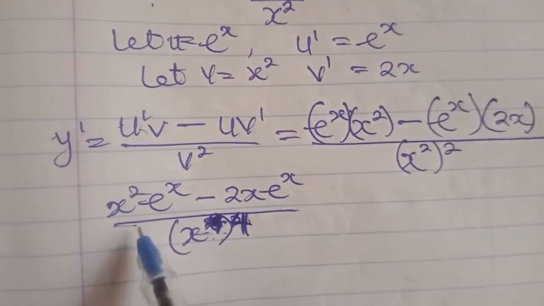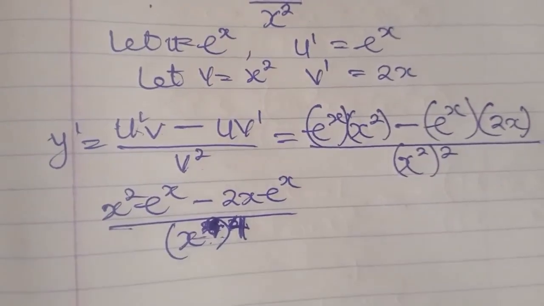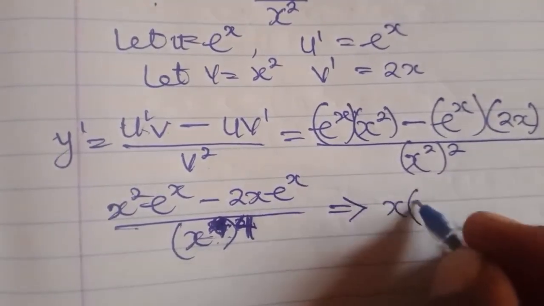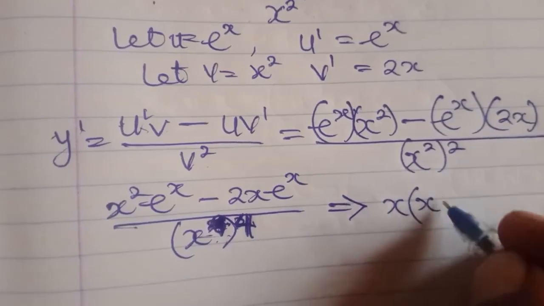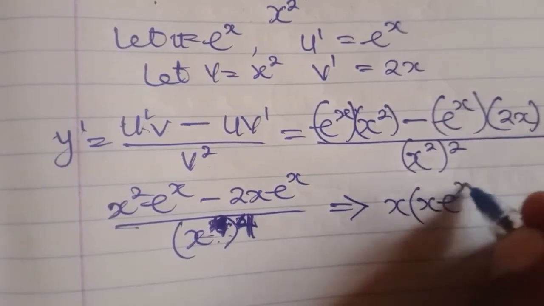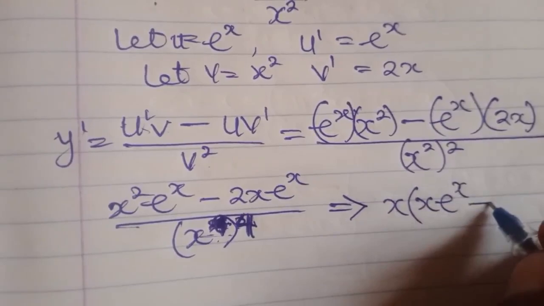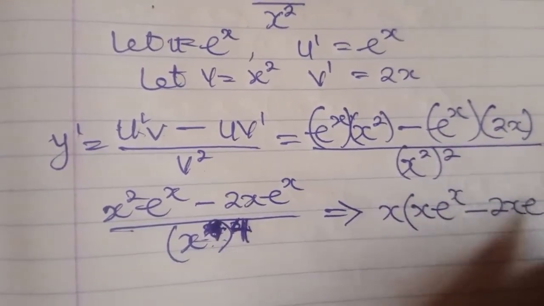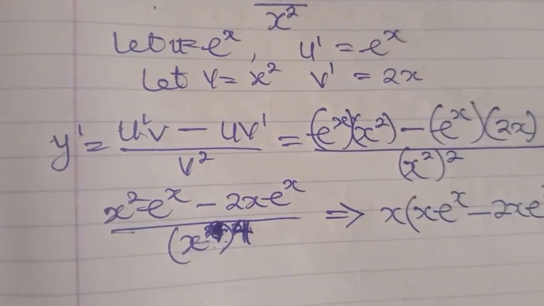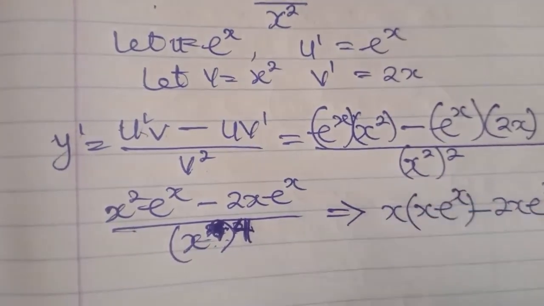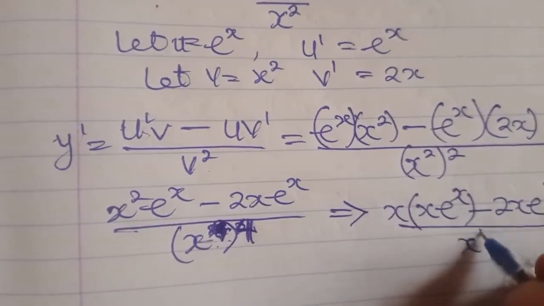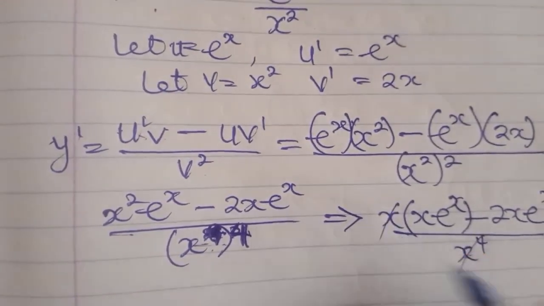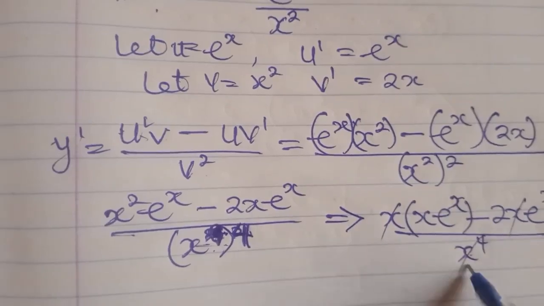We can factor x out here so that we have x into x, which is x squared, then e^x, then minus 2x e^x, all over x^4. From this x^4 we can take out one x, what is left is x^3.